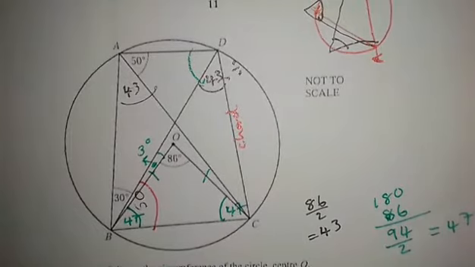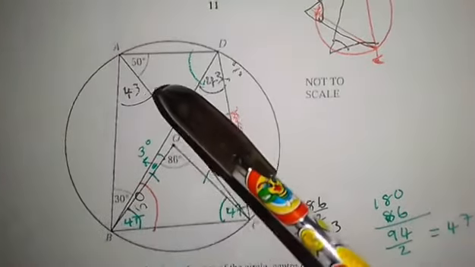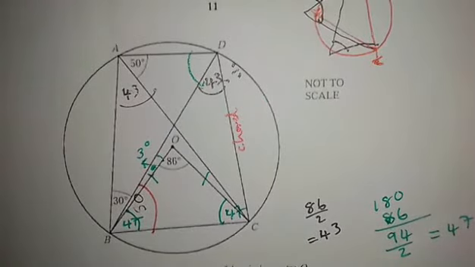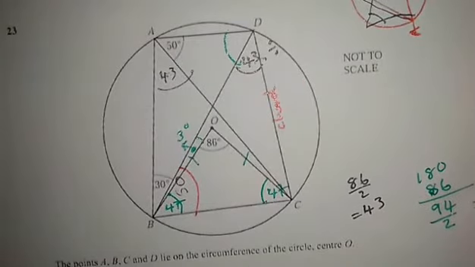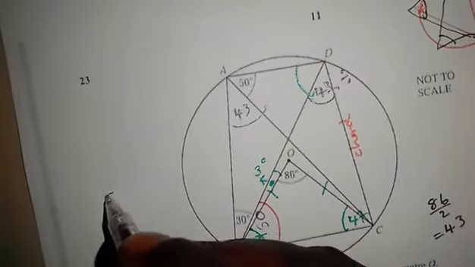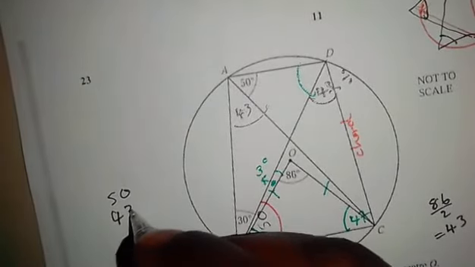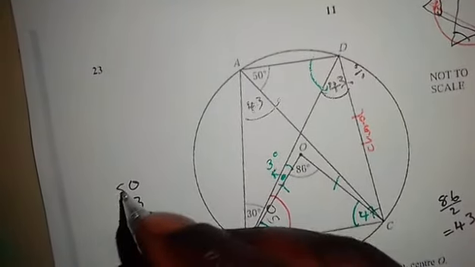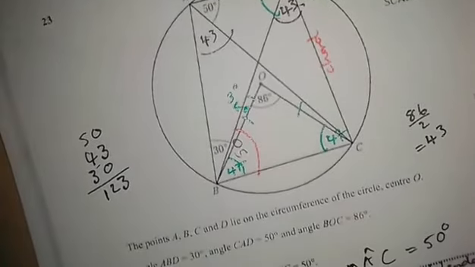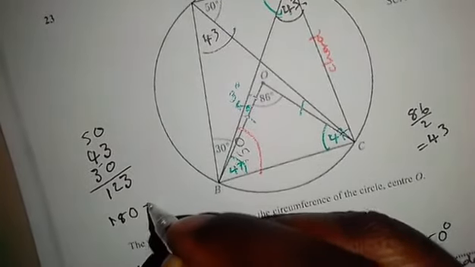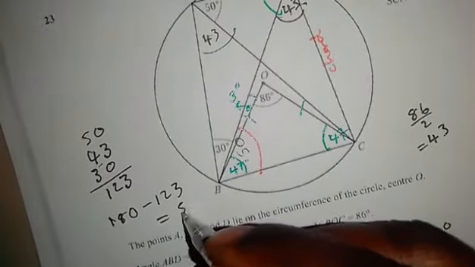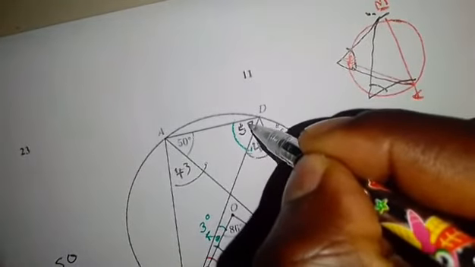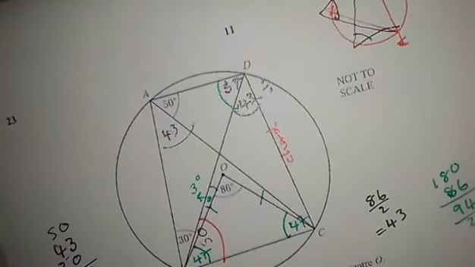So I take this 30 degrees at B, add 43, add 50. The total comes out to 123, and I subtract it from 180 to get the angle at D. 180 minus 123, you get 57 degrees. So it means that at D there is 57 degrees. I hope you are listening, class.